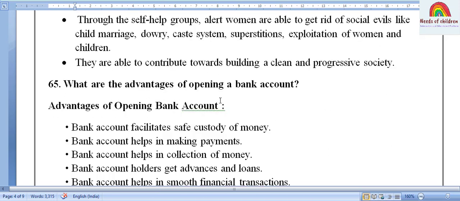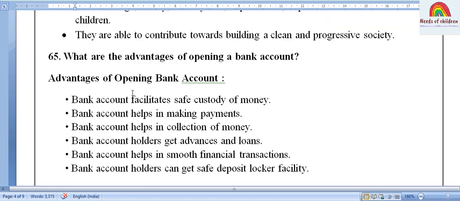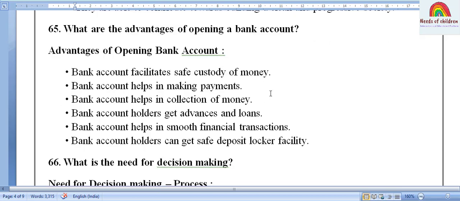What are the advantages of opening a bank account? So friends, this is the question that is from 10th standard business studies, banking transaction. That is the lesson name, banking transaction. So answer for this question: advantages of opening bank account. Bank account facilitates safe custody of money.